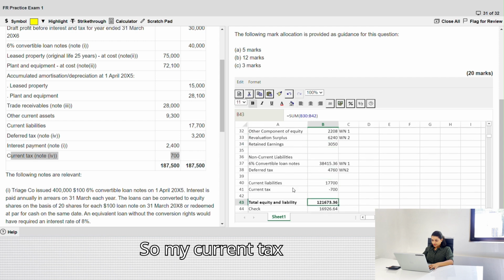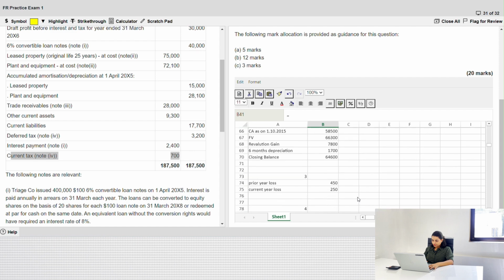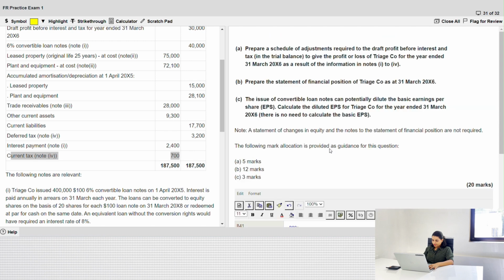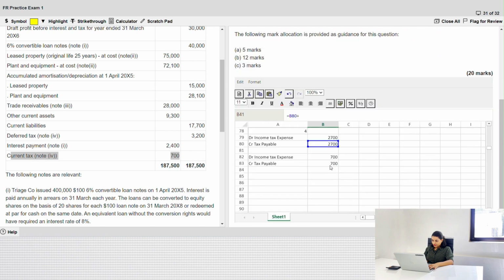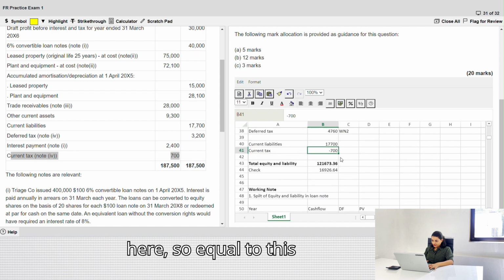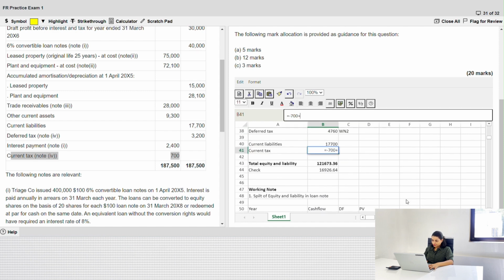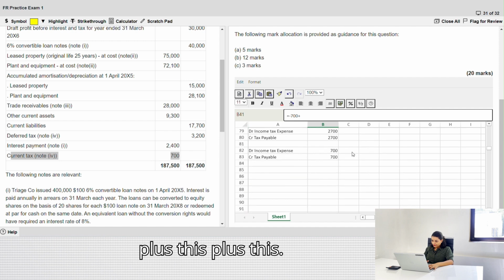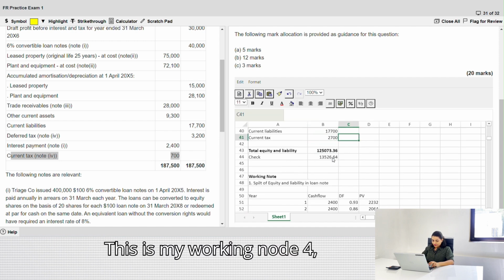So my current tax will be equal to this, once again. It is minus 700 here, so equal to this plus these two, plus this plus this. So this is my working note 4.